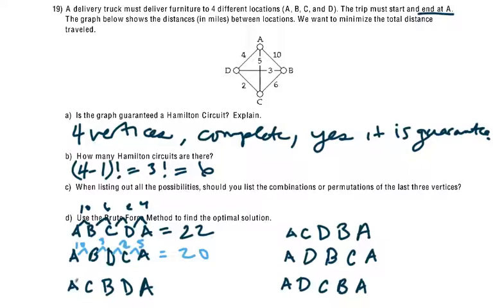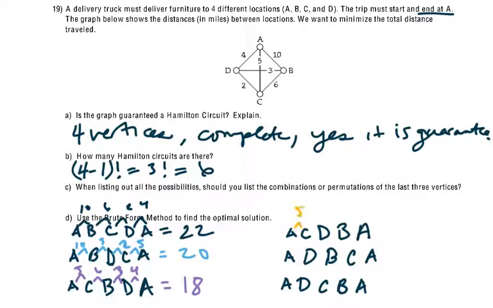Doing the next one, A to C is 5, C to B is 6, B to D is 3, and D to A is 4. So that gives us 18. Let me use a different color.